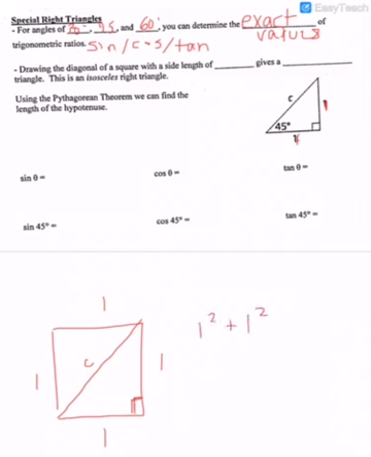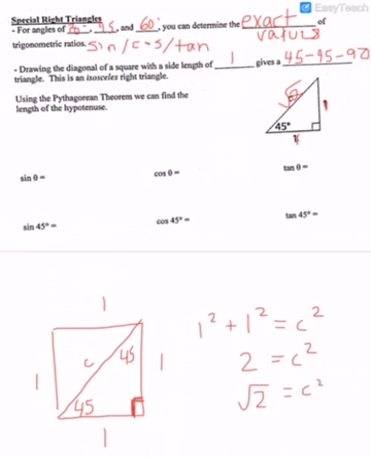So 1 squared plus 1 squared equals c squared, which means I get 1 plus 1, so 2 equals c squared, and then when I square root it, I get square root of 2. So that means in a 45, 45, 90 triangle, because these would be 45 degrees each and 90 degrees, my side lengths are 1, 1, and square root 2.